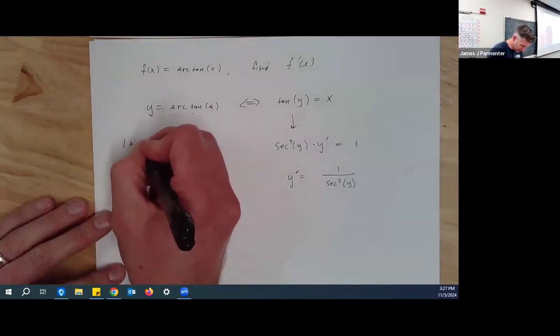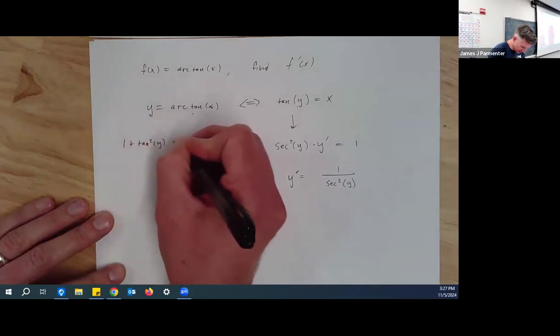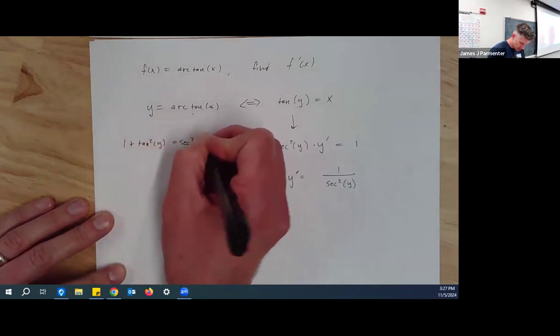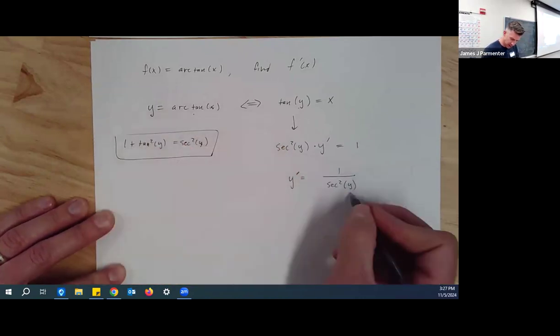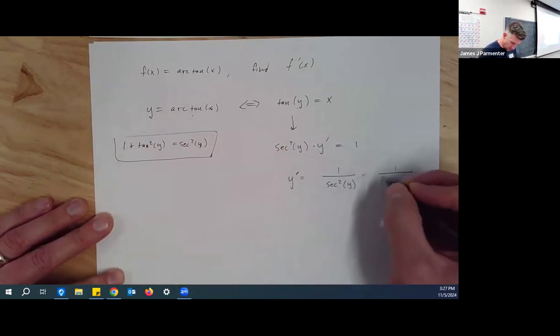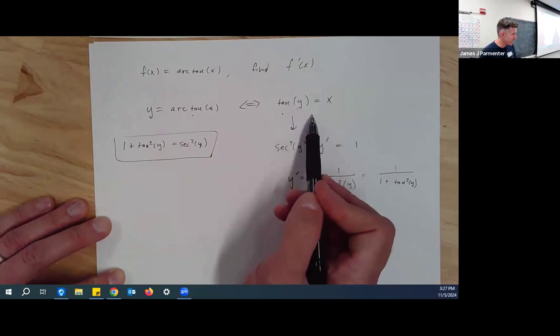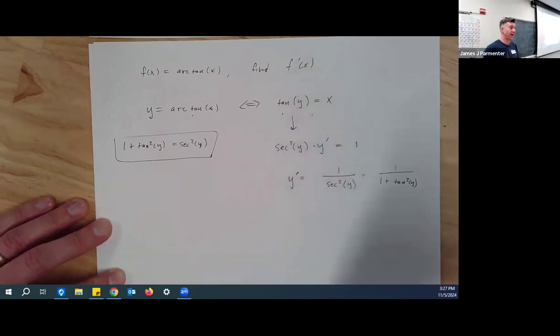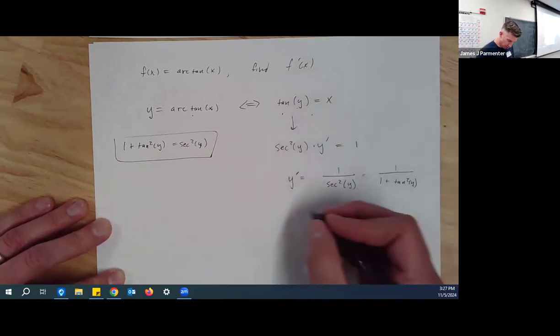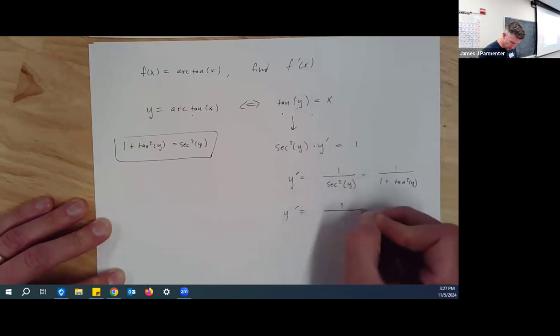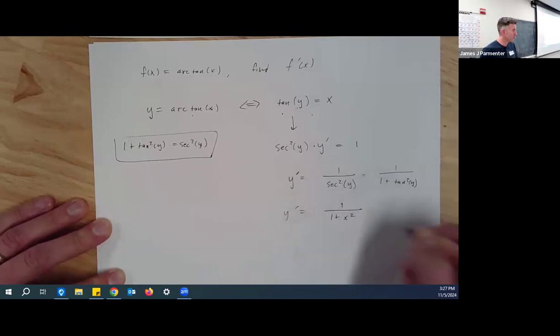So 1 plus tangent squared of y equals secant squared of y. So we could totally replace the secant squared of y here with 1 over 1 plus tangent squared of y. But then look, we know that tangent of y is equal to x. So tangent squared of y is equal to x squared. So our derivative here is 1 over 1 plus x squared.